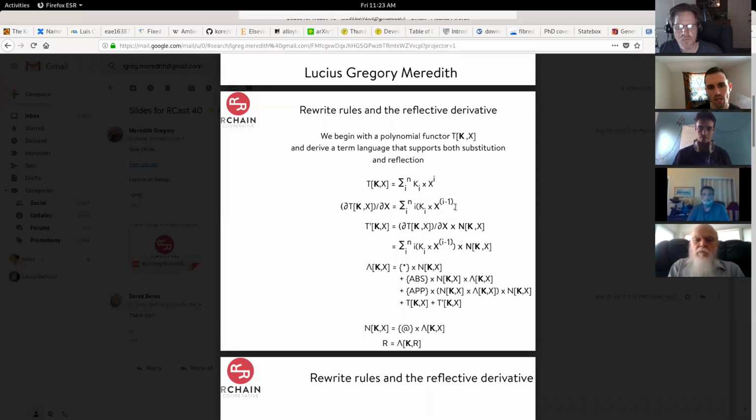So with the derivative, what I remember of Greg explaining this idea was that the derivative is kind of like a way to obtain a context from a term. When I take a derivative of a polynomial, each one of those powers of my variable just goes down by 1. He's thinking of that power going down by 1 as basically punching a hole.